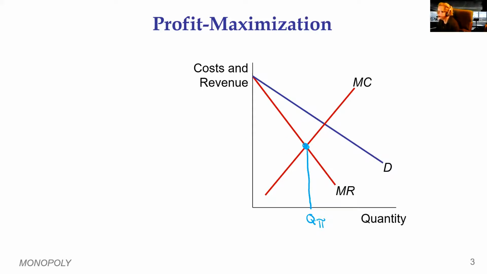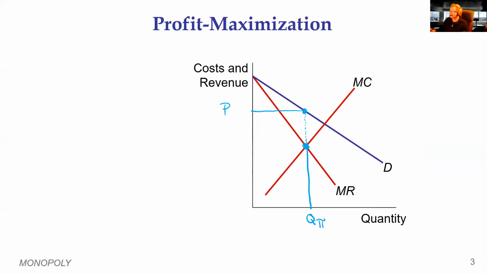At what price will they sell? They're going to extend this line up to the demand curve, and then follow it over to the y-axis. This will be the price that the monopolist charges, so they are able to capture that idea of a person's willingness and ability to pay.